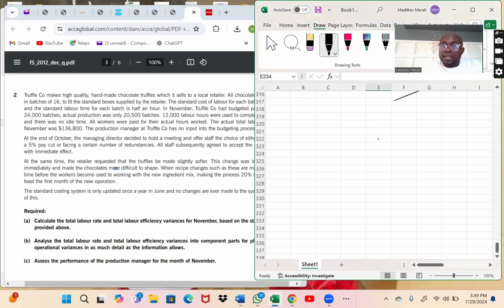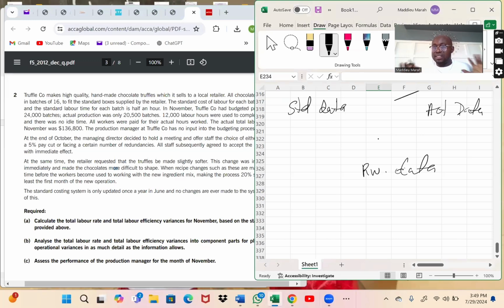So now, let's get our standard data. And I will have here my actual data. And I will have here my revised data. This is my first step. By just doing this it has helped me to understand the question. Now, my standard hour is half an hour, which is 0.5 hours.